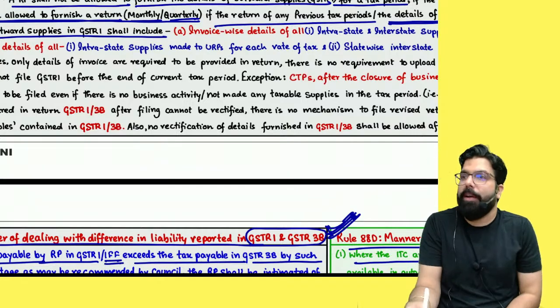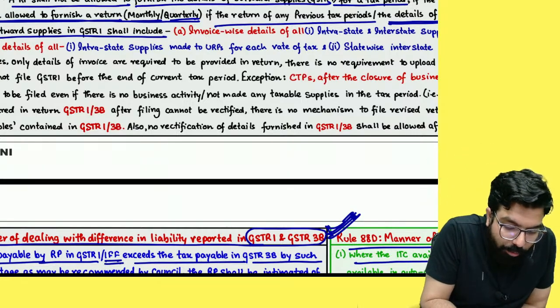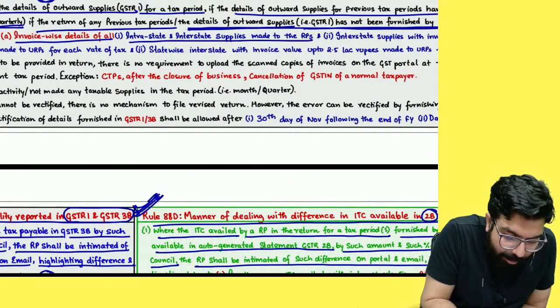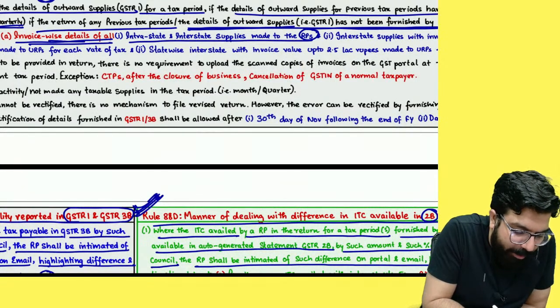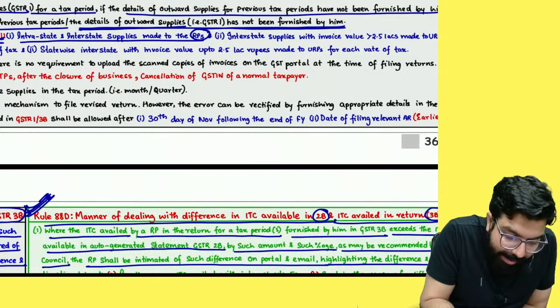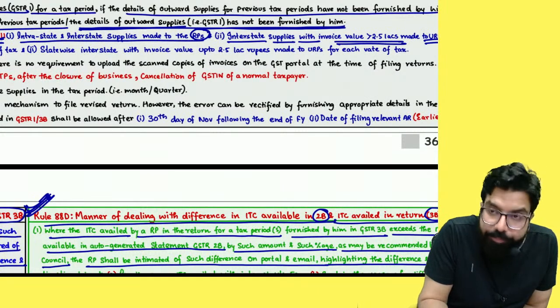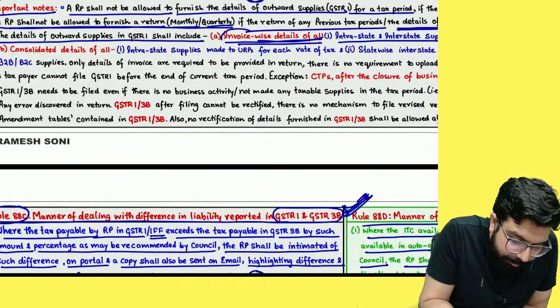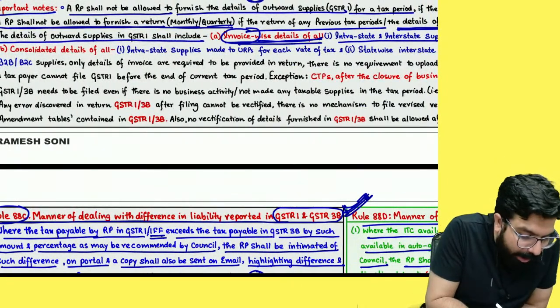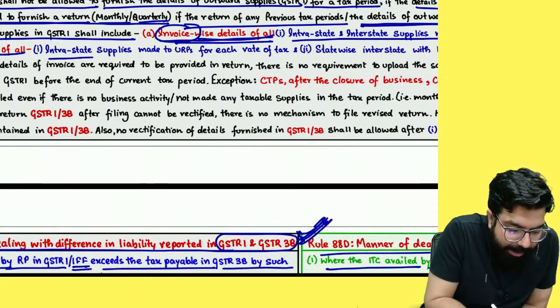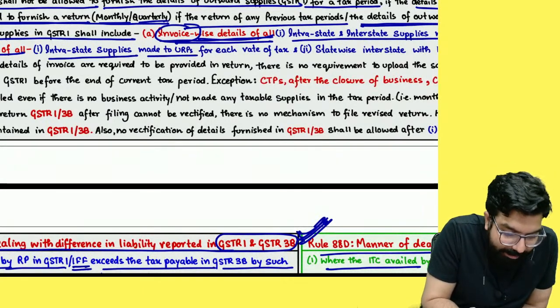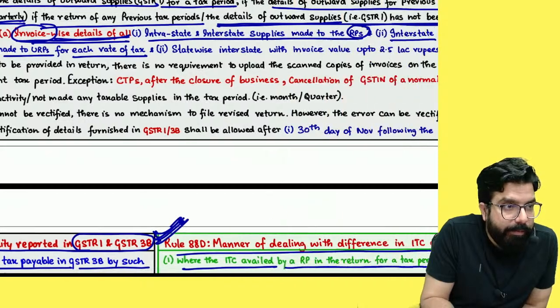Is my point clear? Everyone over here. Invoice wise detail of intra or inter made to a registered person. Registered person ka to always invoice wise detail. And interstate supply to an unregistered person, value more than 2.5 lakh, you have to give invoice wise detail. Consolidated detail has to be given for intrastate supply to an unregistered person for each rate of tax.